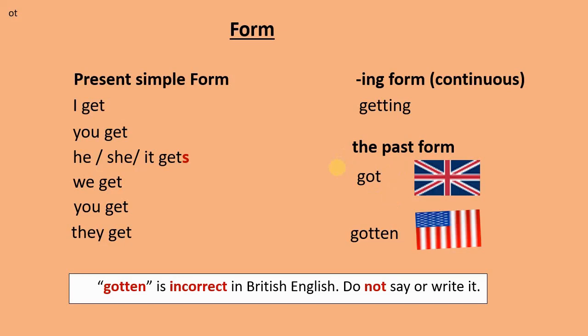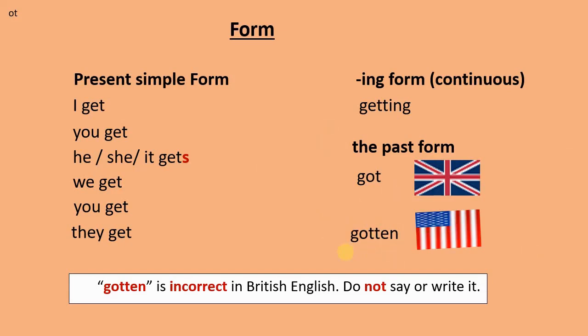The past participle is got in British English, gotten in the USA. In American English, it is different. They have a different past participle. They say I have gotten a new pair of shoes.